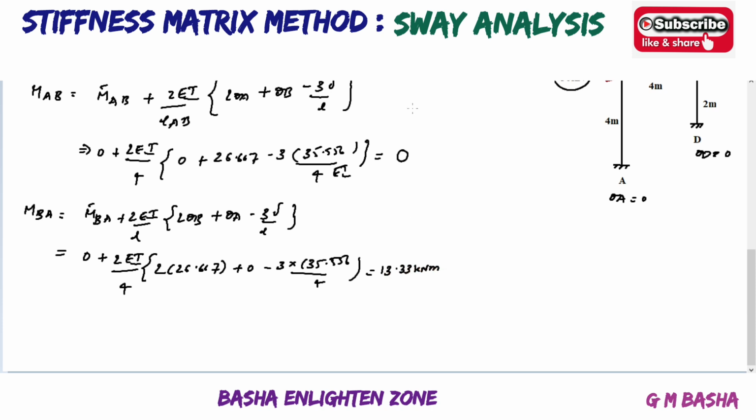Then go to the next moment, that is MBC. MBC will be equal to M bar BC plus 2EI by length of BC into 2 theta B plus theta C. Don't take delta here. That is the reason I am explaining each and every part here. Delta will be taken only for the columns, not for the member BC, because BC is the beam, and AB and CD are the columns.